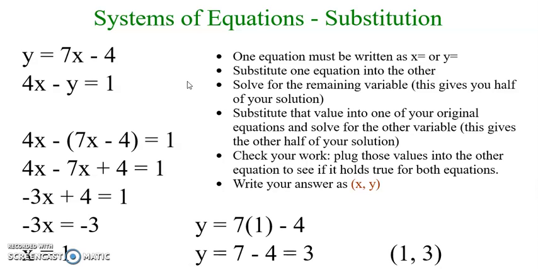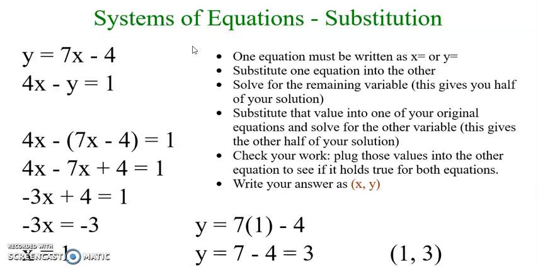When we do substitution, we want one of our two equations to be written as x equals or y equals. In this case, we already have this equation as y equals. And so we're going to use this top equation to substitute into the second one. When we do the substitution method, we basically take our two equations and combine them into one.